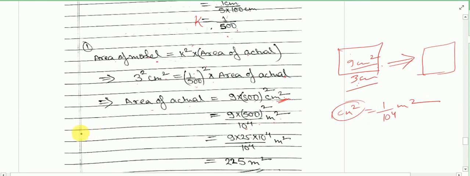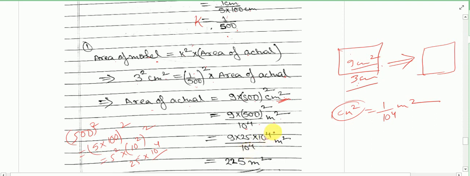Now this 500 square can be written as 5 into 100 whole square, and this will become 5 square into 10 to the power 2 whole square, that means 25 into 10 to the power 4.